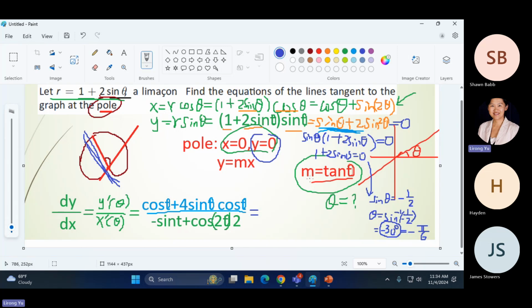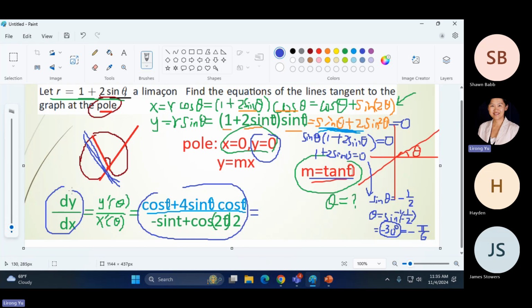Or you can just find the tangent, right? We can calculate this using the derivative. The derivative will give us the slope of the tangent line, right? Are we okay? I feel like there are two ways to do this. If we plug in theta equal to negative pi over 6, it's negative root 3 over 3. That's the slope of the tangent line.